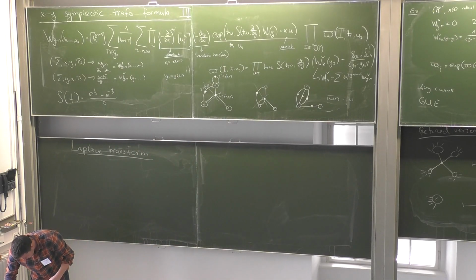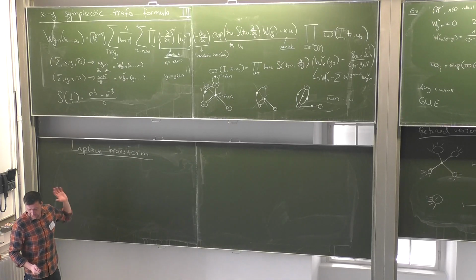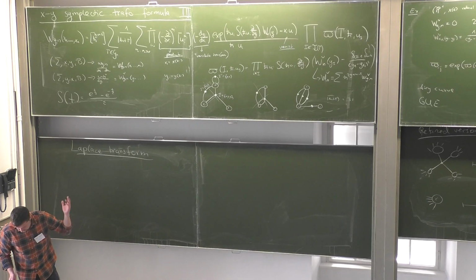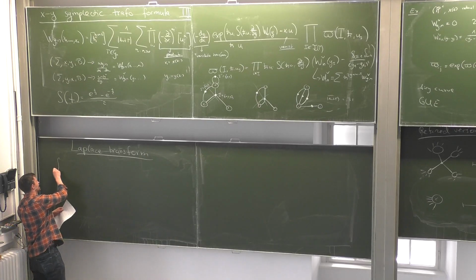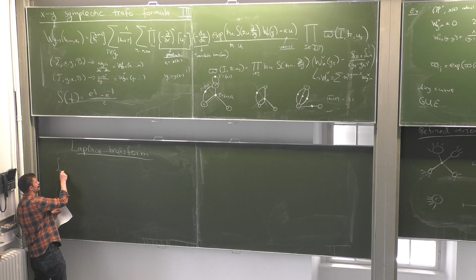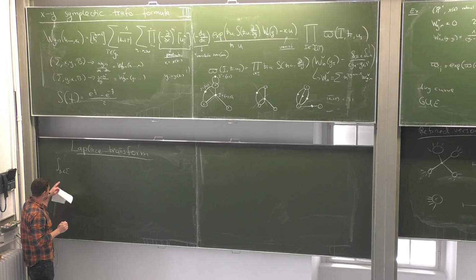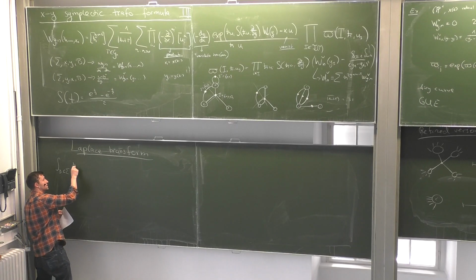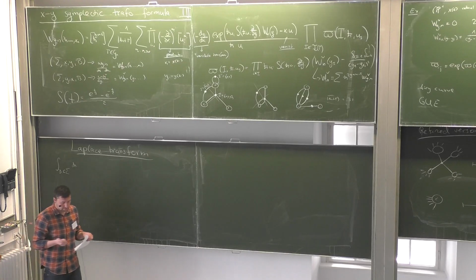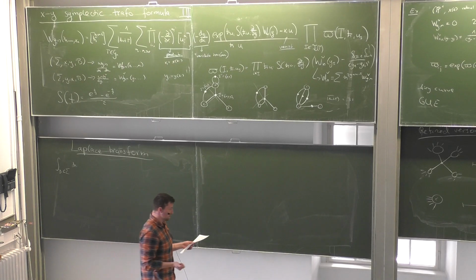So let's do this Laplace transform just in one variable, not in n. On the left-hand side, we will consider some paths on the Riemann surface. I don't want to be precise about them, so we make some assumption about them, but I think you can choose the steepest descent path.